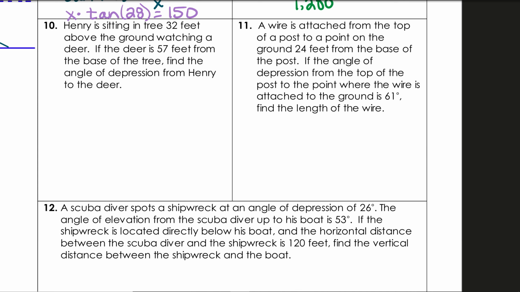So here for 10 and 11, Henry is sitting in a tree 32 feet above the ground watching a deer. If the deer is 57 feet from the base of the tree, find the angle of depression from Henry to the deer. So here, Henry is sitting in a tree.